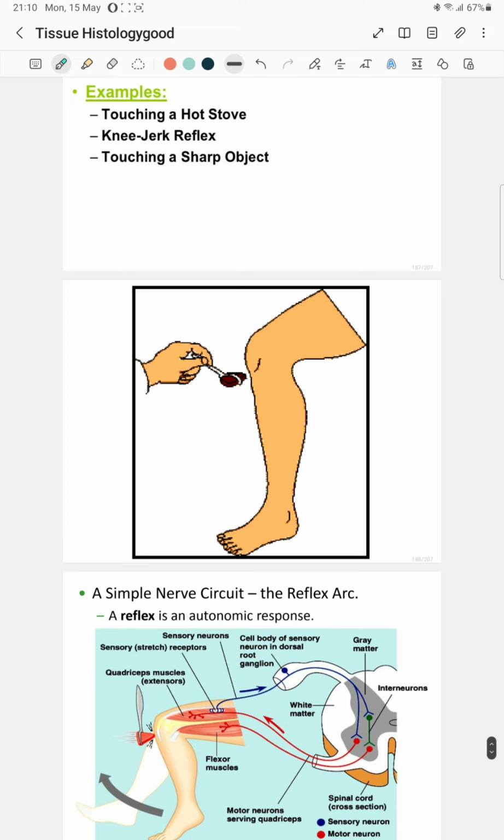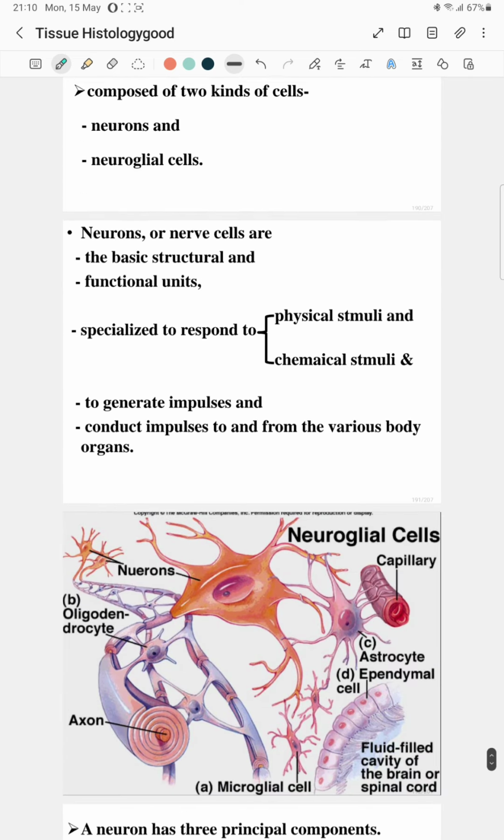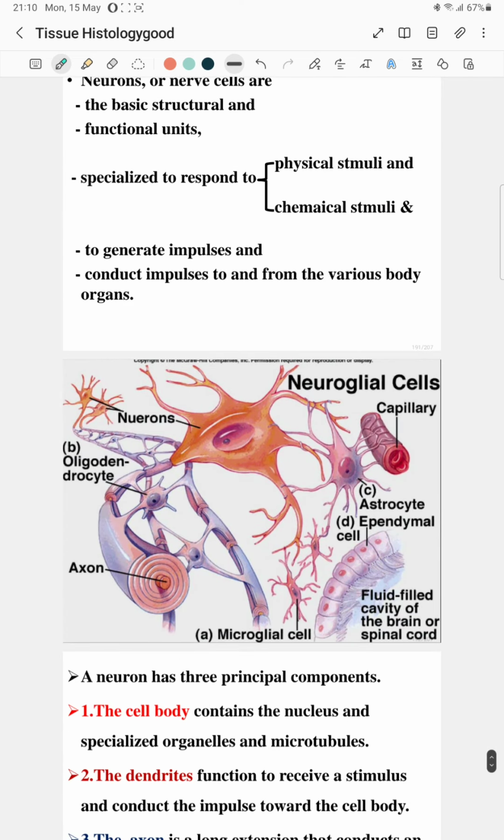Now we have our nervous system. The nervous system is considered to be the controller of our body. Whatever stimulus we get from outside, we try to give a response. Suppose your teacher in the class asks you a question and asks you to raise your hand. The moment the question goes in your ear and your brain thinks, yes, I can give the answer, you raise the hand, right?